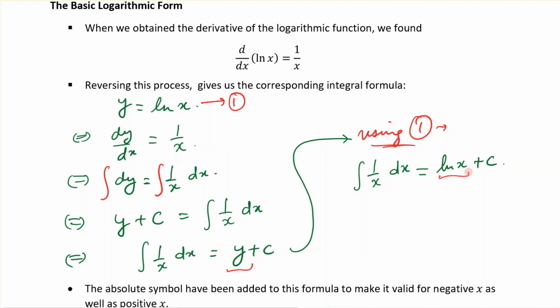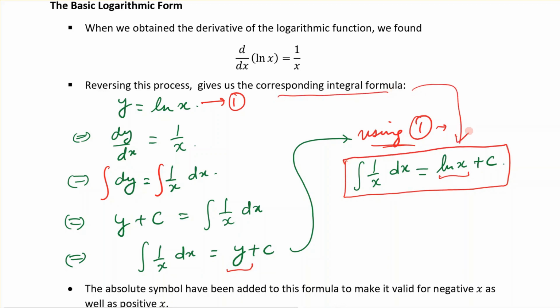So this is the corresponding integral formula. In other words, when the power is -1, the integral is ln x plus c. So when the exponent of the expression being integrated is -1, the result is a logarithmic form.